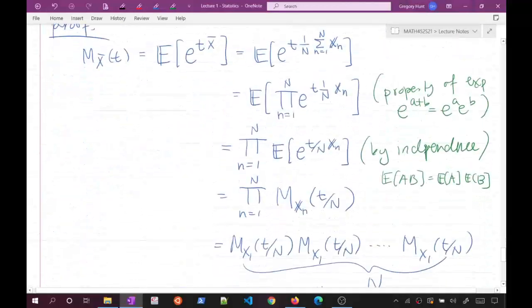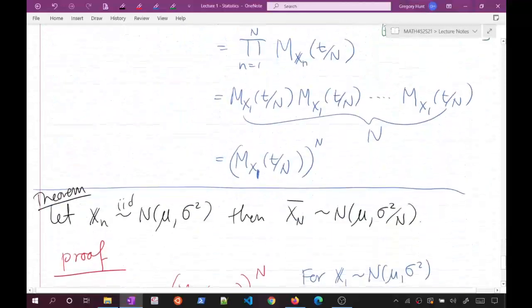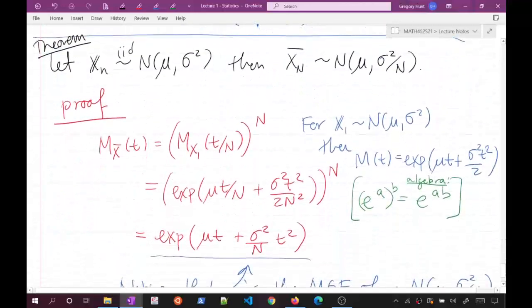And then we talked about MGFs of sums, or MGFs of the mean. That allowed us to derive the fact that if we have data that is normally distributed, the mean will also be normally distributed, which is a nice little fact. Not only do we know that the expected value of the mean is mu and the variance of the mean is sigma squared over n, but in fact, if the data is normal, the mean is also normal. So we can stop there for today.